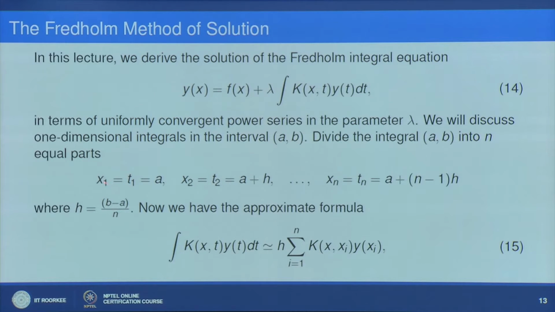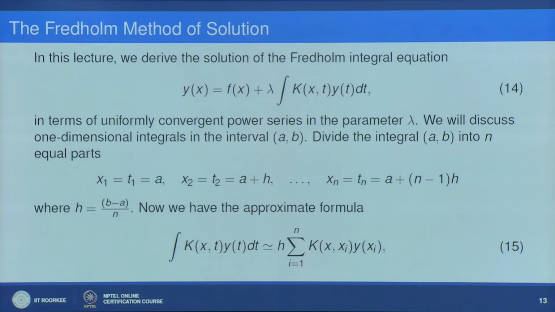So here let us assume that we have x1 equal to t1 as a, and x2 equal to t2 equal to a plus h, and so on, where you can take h as (b minus a) by n, and using this I can simply say that this integral of k(x,t) y(t) dt can be written as this finite sum h times sum i equal to 1 to n k(x,x_i) y(x_i).